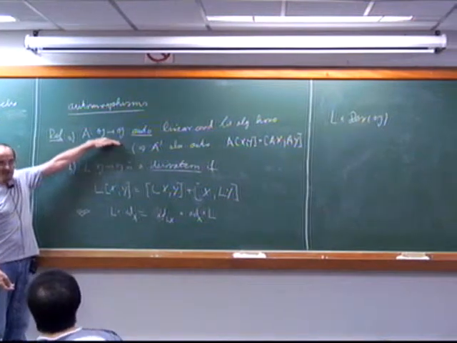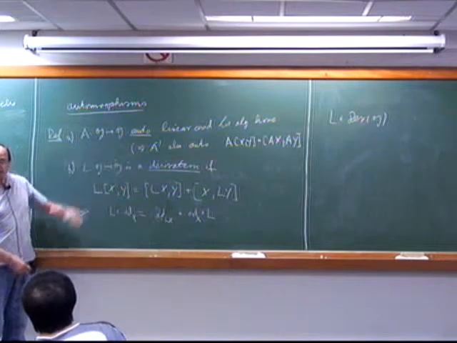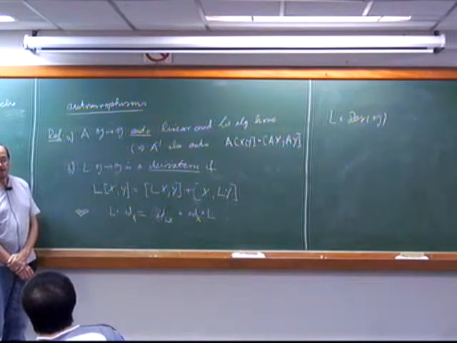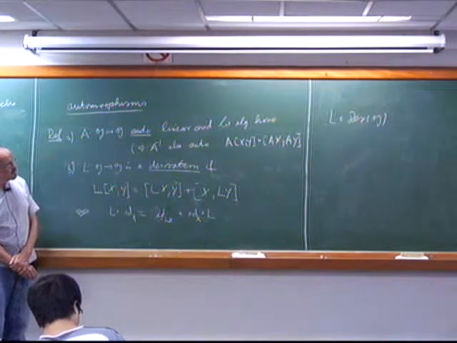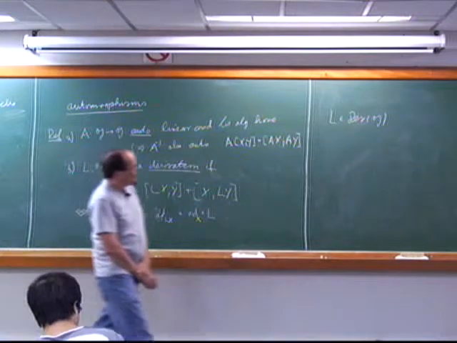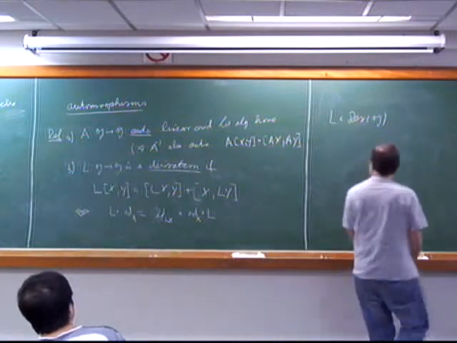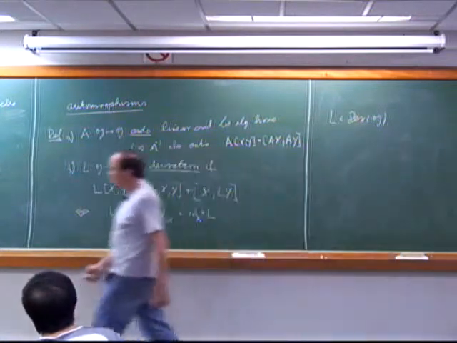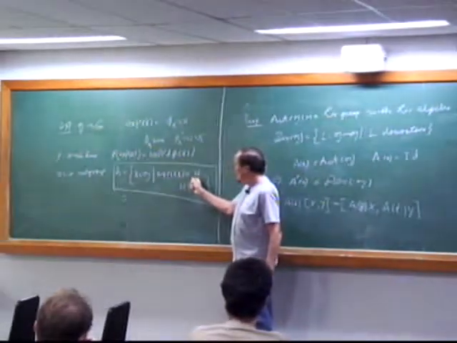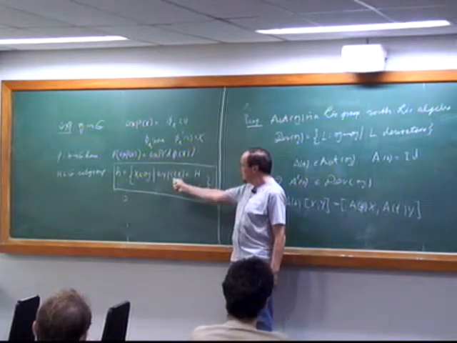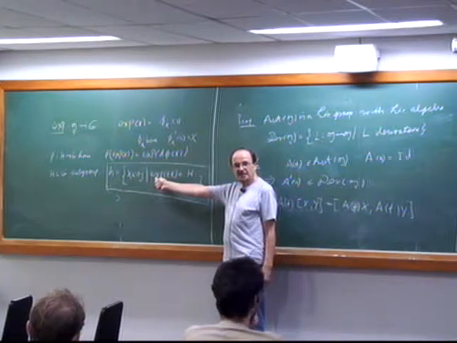To go from a derivation to an automorphism, there's something natural one can do. To construct the automorphism, I want to take the exponential.